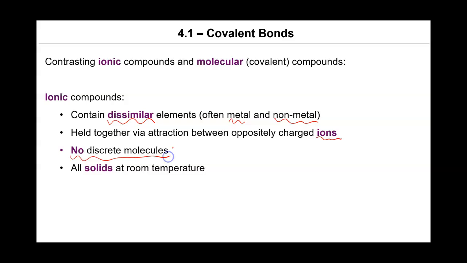Ionic compounds are found as crystals. This is an approximately infinite array of cations and anions, just repeating again and again, billions upon billions of times. There are no molecules in ionic compounds. And all ionic compounds are solids at room temperature. They're characterized by having very high melting points.